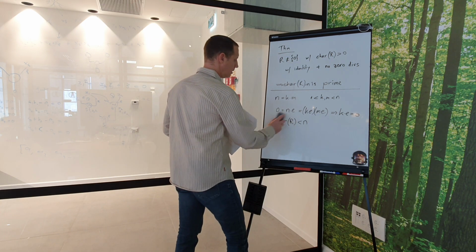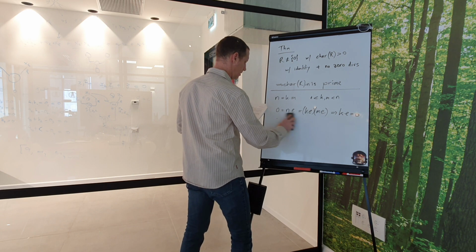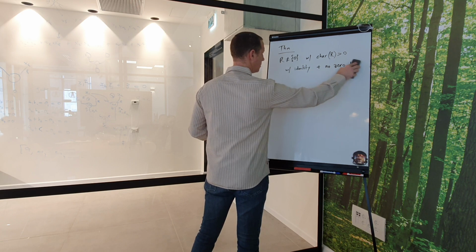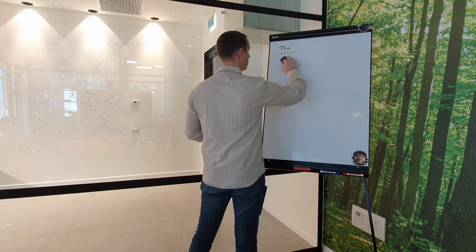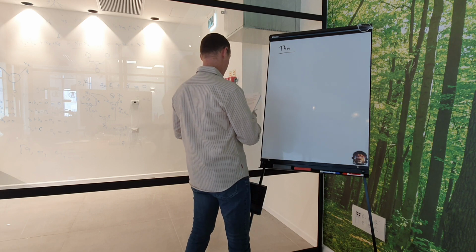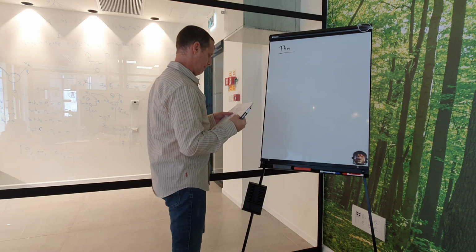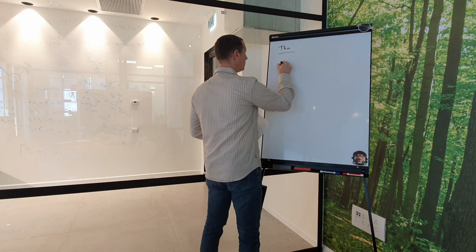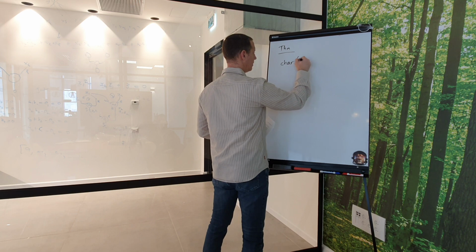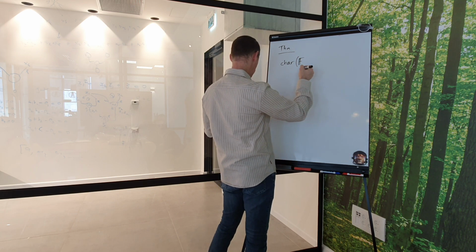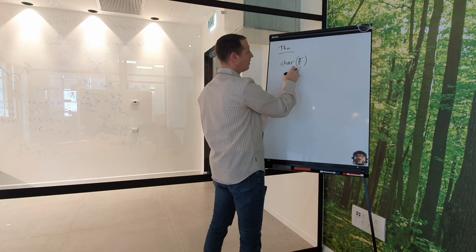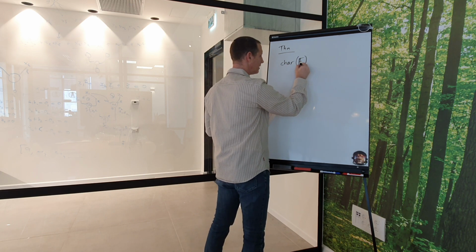So continue with the same idea, right? Now we'll do another theorem that's related, and we will say that the characteristic of a finite field is always prime.